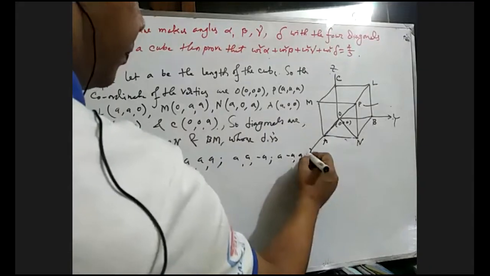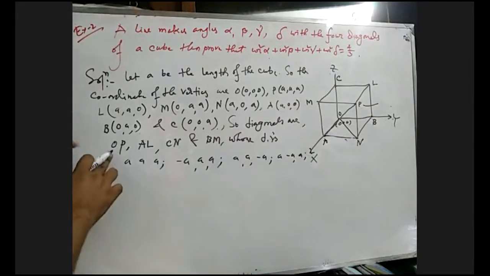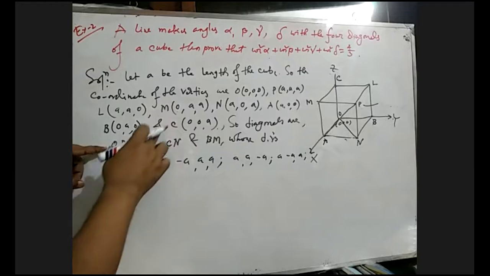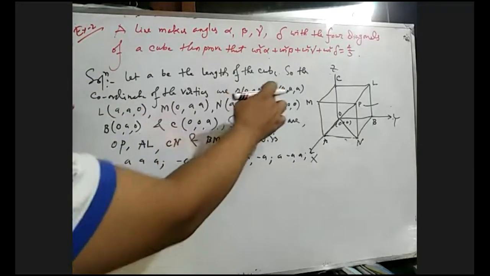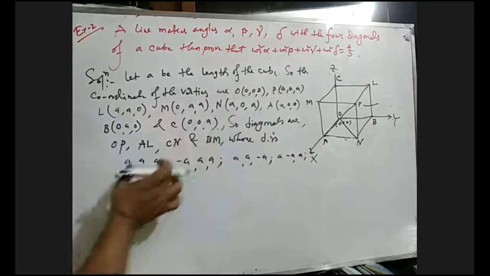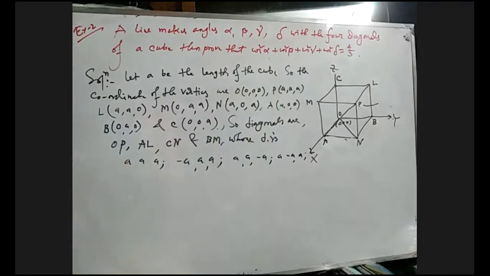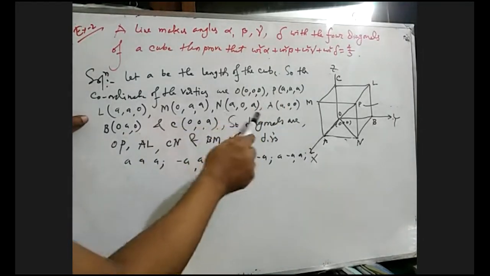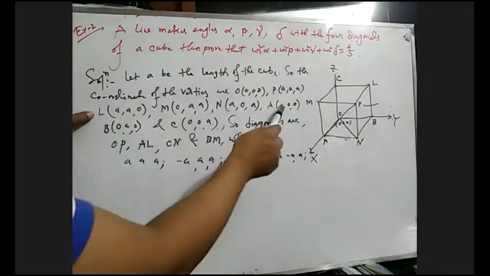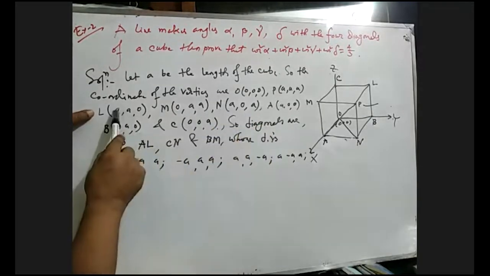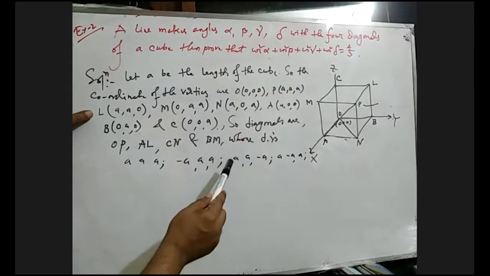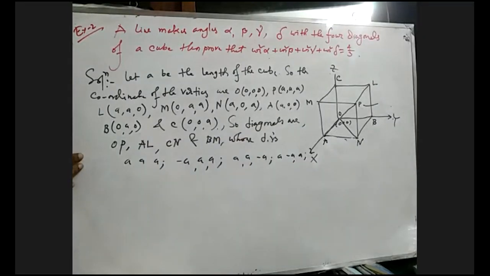Okay. So direction ratios of OP, what will be? This is the O point and P point. a minus 0, a minus 0, a minus 0, you get this. Okay. Then direction ratios of AL. A point is this, L point is this. So what will be? a minus a, what will be? a minus a, what will be?